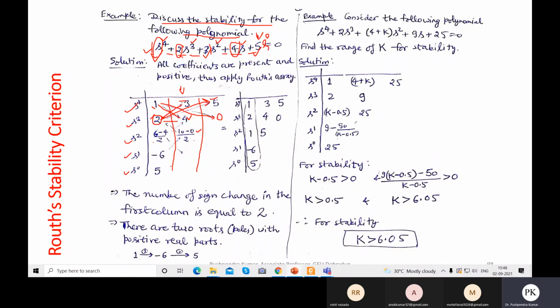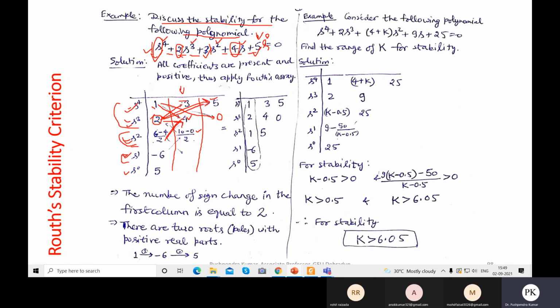Okay, now further we cannot go. So now calculate the first element in the fourth row, because this is row 1, row 2, row 3, row 4. Rows 1 and 2 you can write directly. Row 3 you calculate like this, and similarly for row 4 you multiply this by this. So it is basically 6 minus 4, 2 by 2, 1.